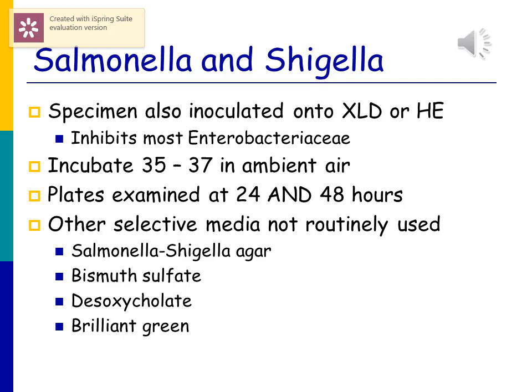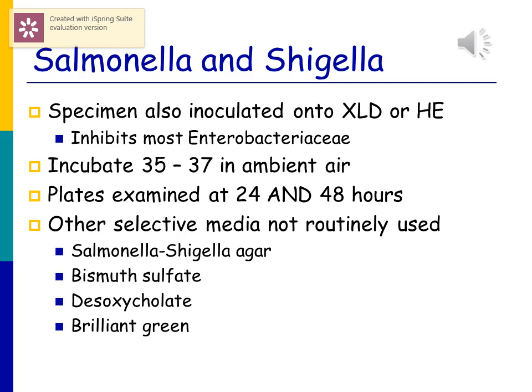You're going to incubate XLD or HE at 35 to 37 degrees in ambient air. So stools are put in the ambient air incubator. Plates are examined at 24 hours. If you don't see any potential pathogens, they're put back in the ambient air incubator and they're looked at again at 48 hours.